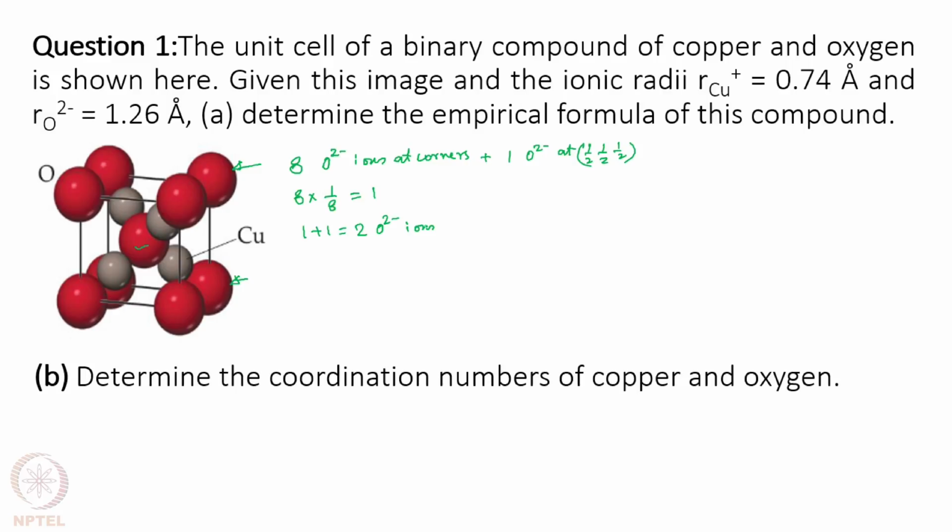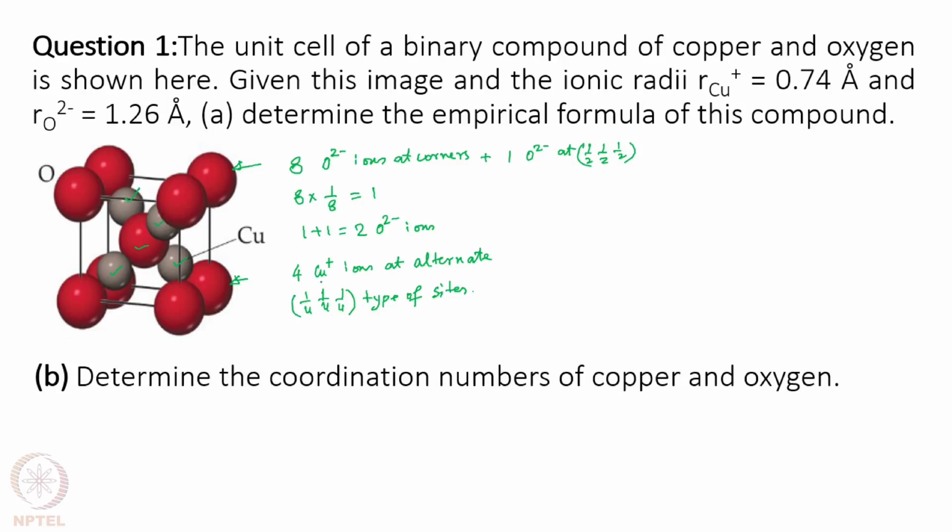2 O2- ions in the unit cell, and it is clearly visible that there are 4 Cu plus ions at alternate one-fourth type of sites, which means if it is there at 1/4, it is not there at 1/4, half, 1/4, and so on.